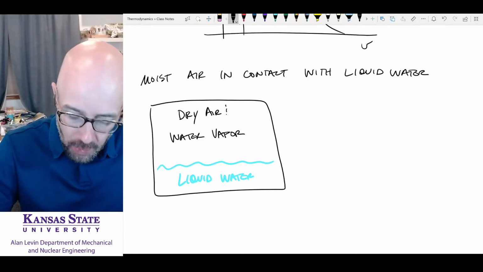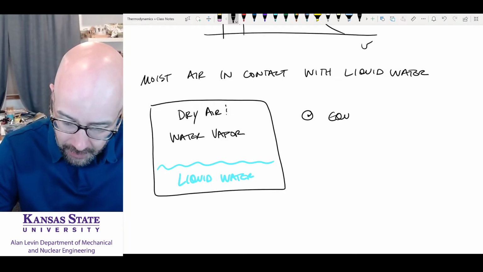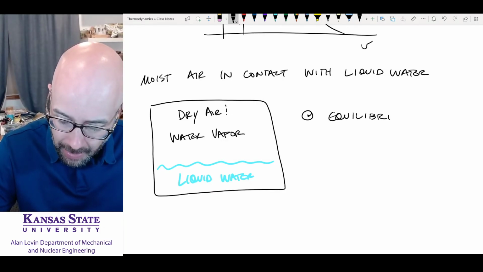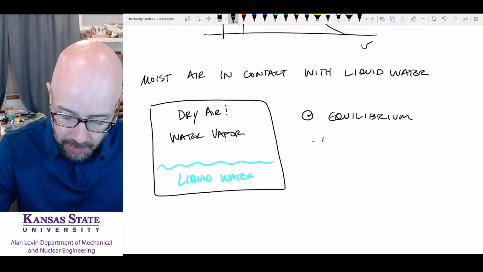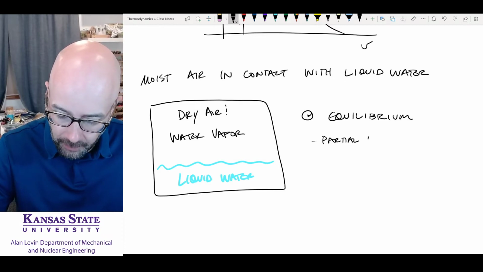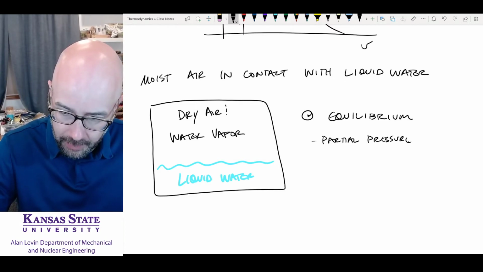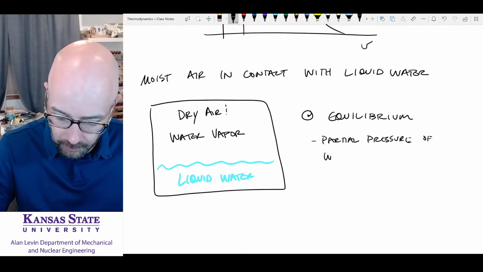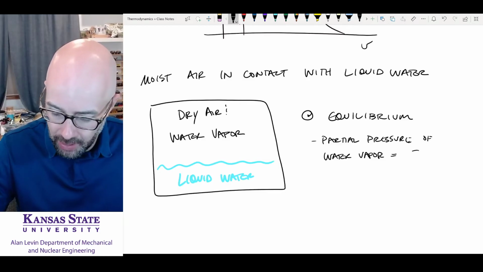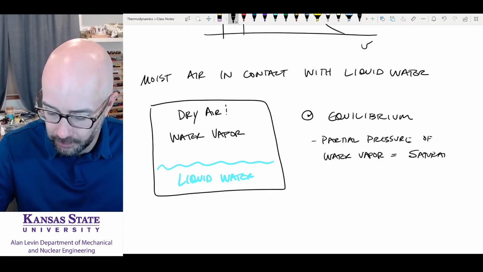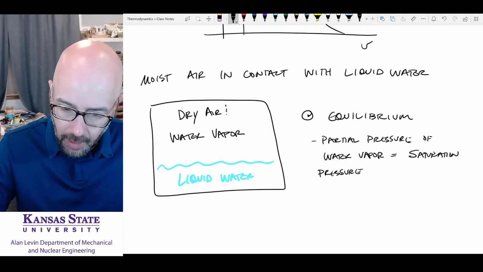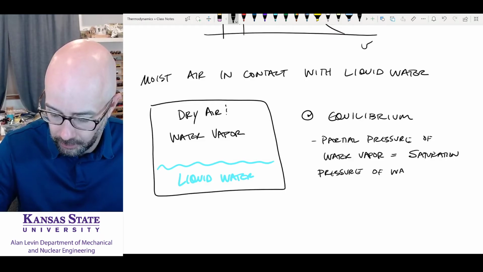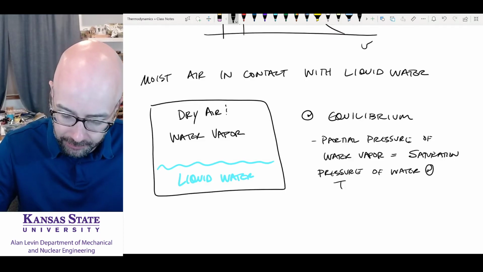And so at equilibrium, if we let this container just sit there, what would happen would be that the partial pressure of the water vapor would equal the saturation pressure of water at the temperature of the mixture.